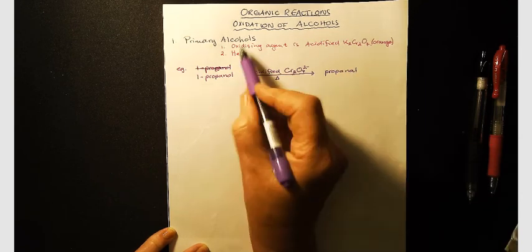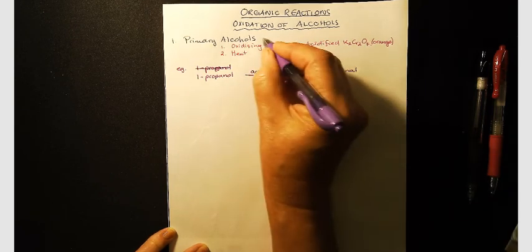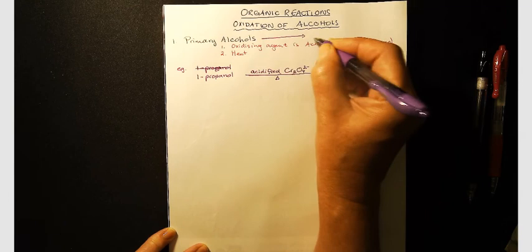So a primary alcohol will turn into an aldehyde.